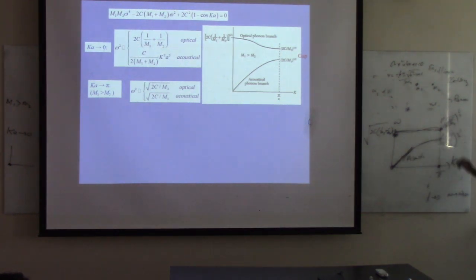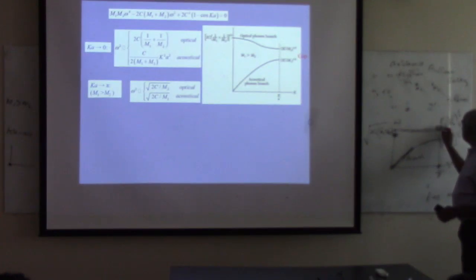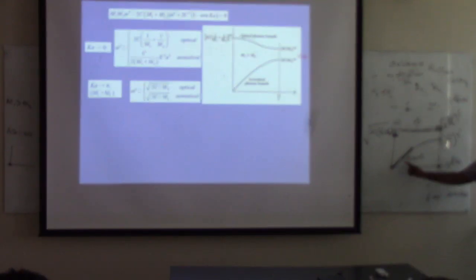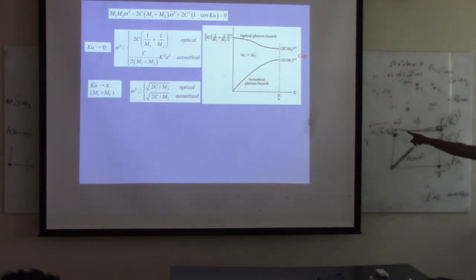But at this point, if you look at this one, it's going something like this. This should be 90 degrees. Is that clear? This is the optical mode, this is the acoustic mode. Ideally you have 3 modes here, and same here you can have multiple modes.